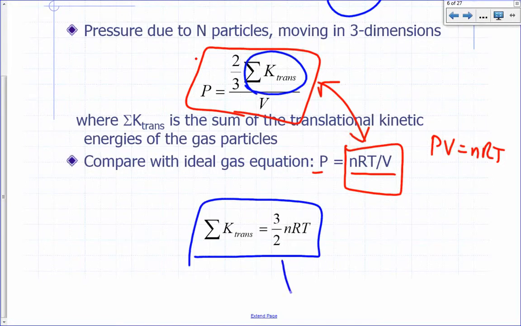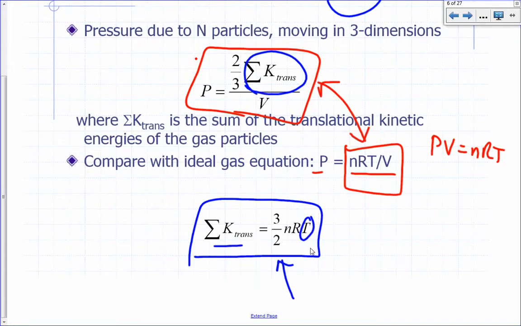So this equation gives us a way of interpreting what temperature is. You can see it's related to the translational energy.